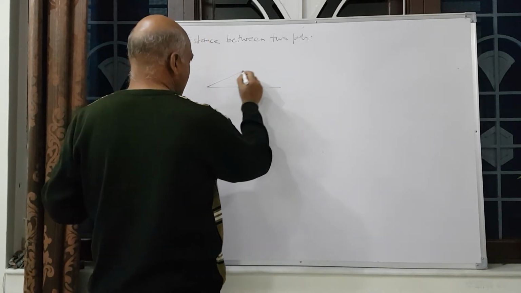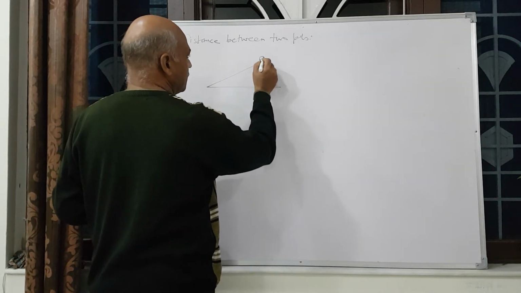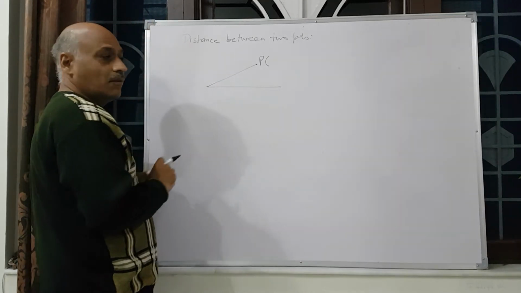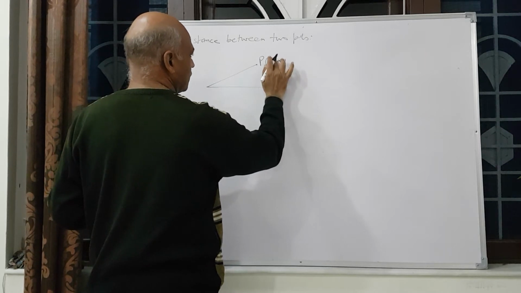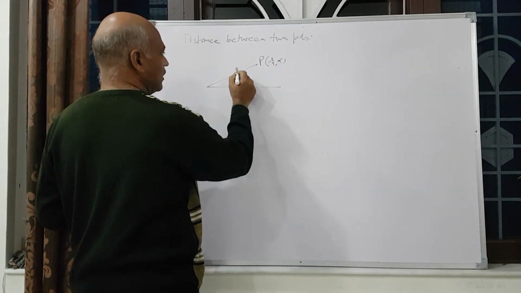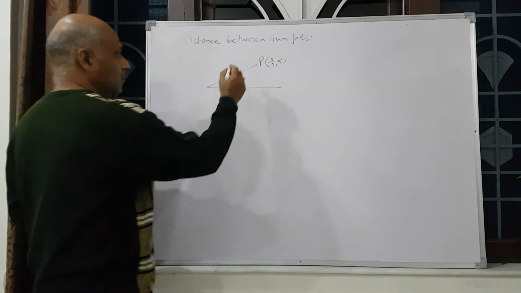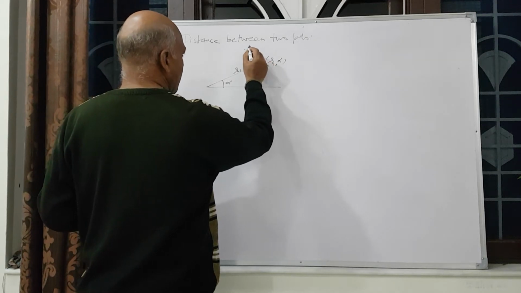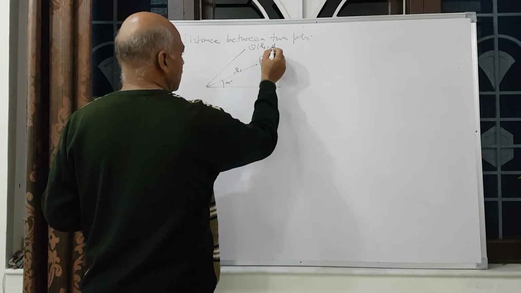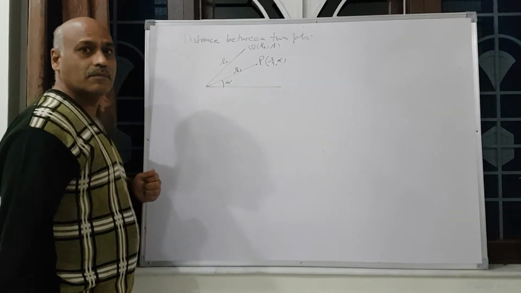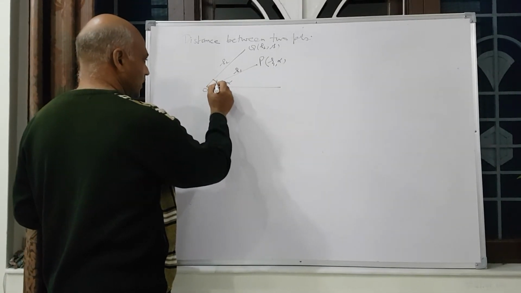Suppose in polar form the point P is (R1, alpha). So this is R1 and this is alpha. Okay, and the other point is Q, which is (R2, beta). This means the distance from O to Q is R2 and the angle is beta.